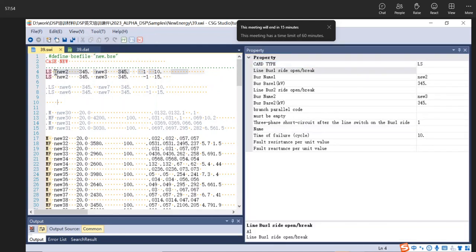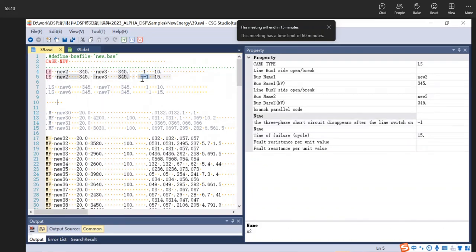It means in the line from new 2 to new 3, I set the three-phase short circuit fault on the 10th cycle, and I cancel this fault on the 15th cycle.